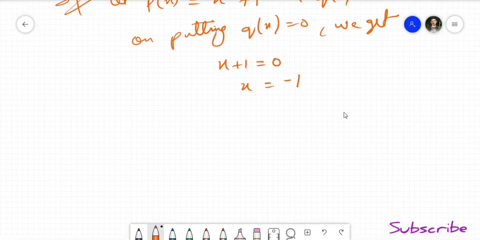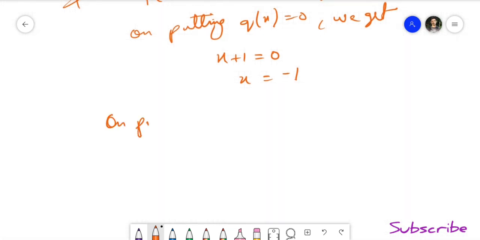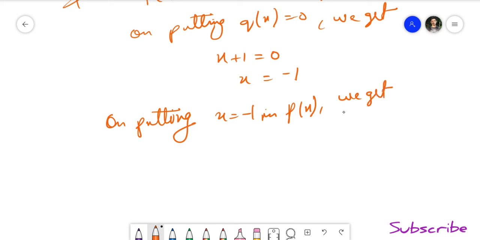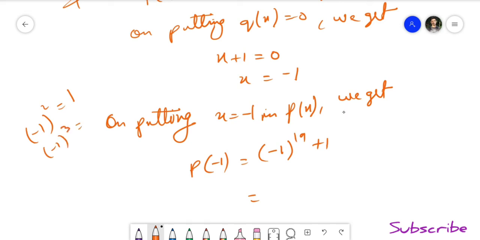So once we put this value, on putting x is equal to minus 1 in p of x, we get, हमें मिला, देखो p ये x power 19 था तो minus 1 power 19 plus 1, और याद रखना अगर जैसे minus 1 square होता है तो ये हो जाएगा 1, लेकिन अगर ये minus 1 cube होता है, अगर odd number हुआ हमेशा negative आएगा, because minus into minus 1 will be 1, but if you multiply minus 1 into minus 1 into minus 1, 1 into 1 will be plus 1, okay, but if you multiply again then you will get minus 1 only, remember this.